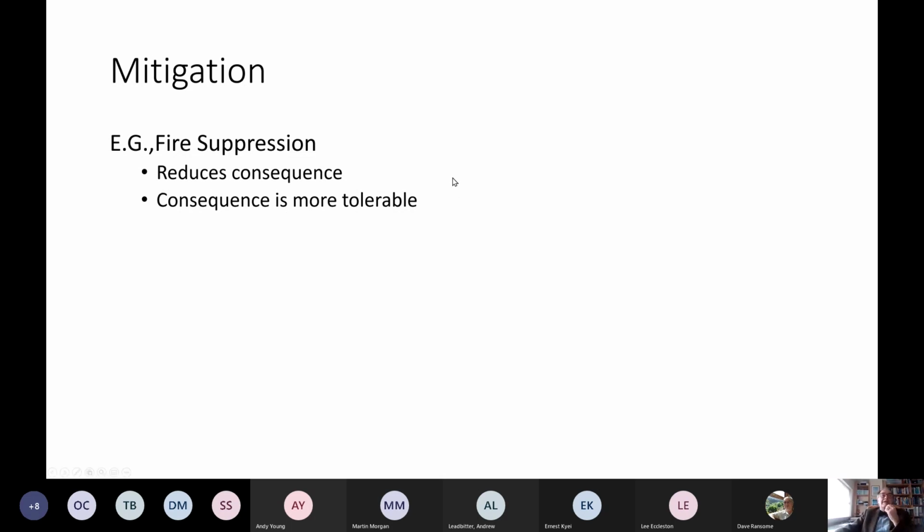The point about mitigation is that it does nothing to prevent the hazard event occurring, but it potentially reduces the consequence.